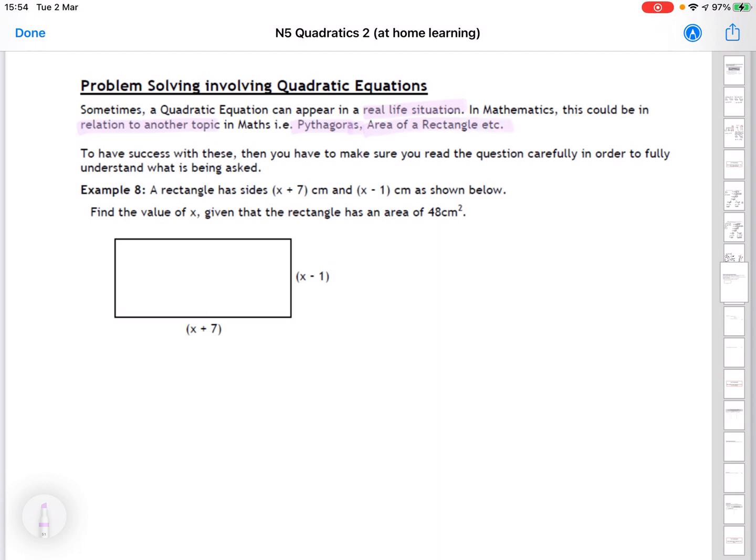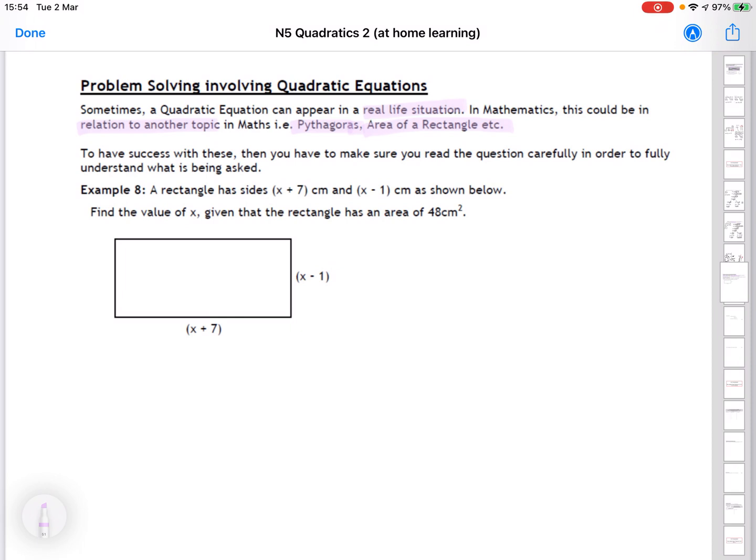To be able to do these questions, we have to make sure that we read the question and understand what we're being asked to do and think about if our answers make sense in the context of the question.